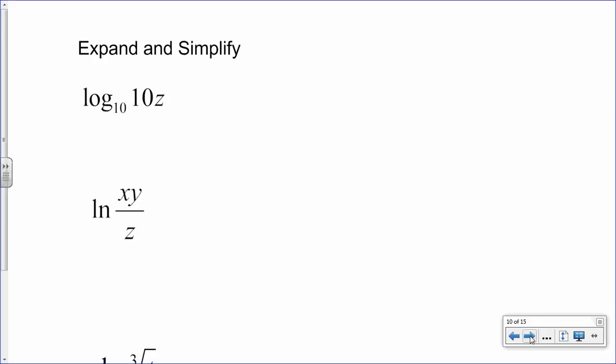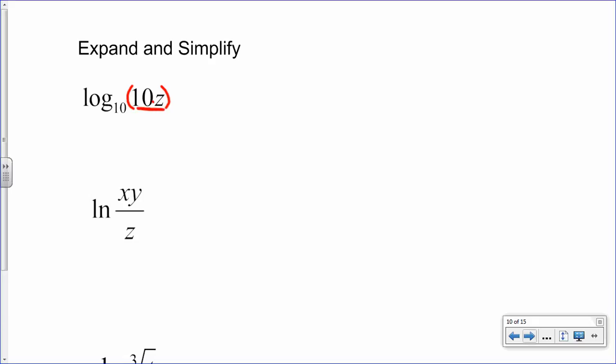So what I want to do first is expand, so use those properties to expand these. And then we'll also look at condensing. What I see are two different numbers that we're taking the log of, 10 and z, and we're multiplying those.